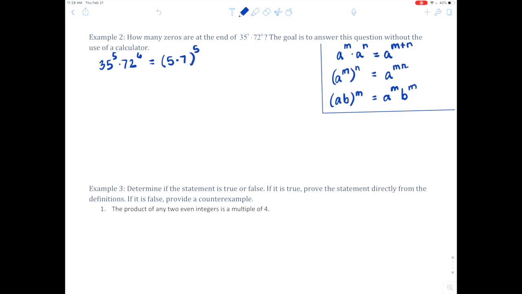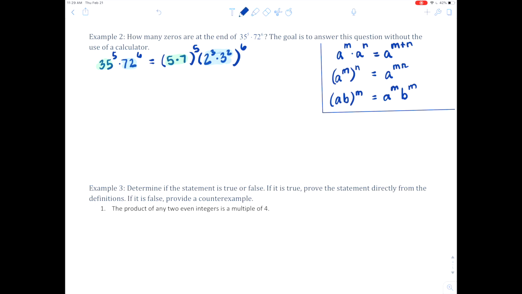So I'm replacing the 35 with 5 times 7. And what about 72? 8 times 9 is 72. 8 is 2 cubed, right? And 9 is 3 squared. So this would be 2 cubed times 3 squared, all of that raised to the 6th power. So I'm replacing the 72 with its prime factorization here.